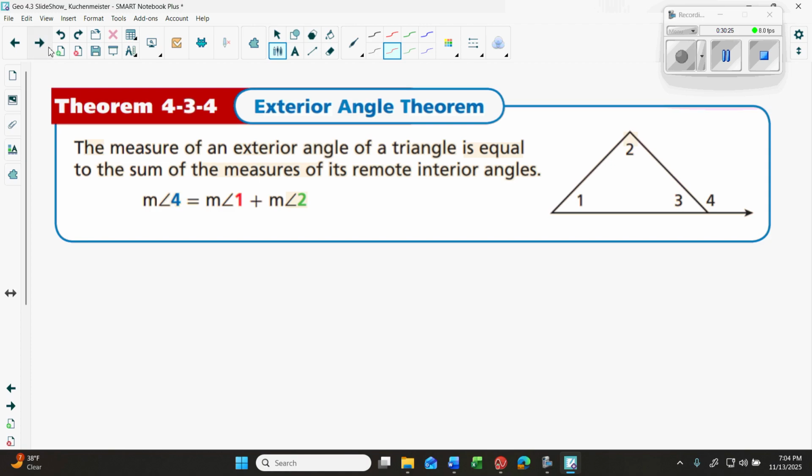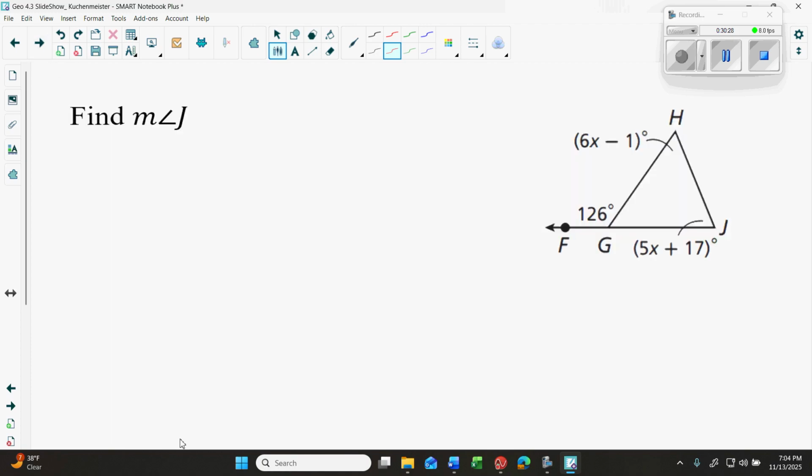All right, some practice problems here. So find the measure of angle J. This is an example where you can use what we've learned, and we're getting to the point where there are multiple ways to do this. But here's an example of the exterior angle.